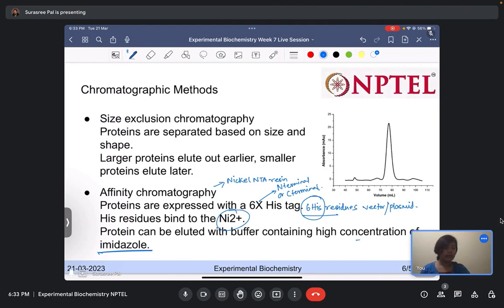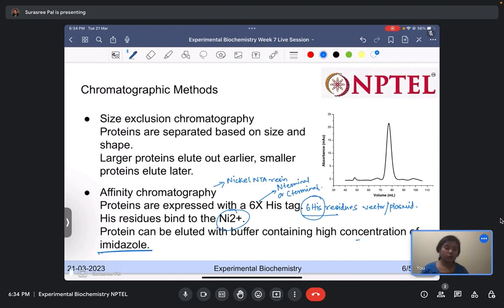And I had also mentioned while discussing chromatography that sometimes we use several chromatographic methods together, one after another. Why do we do that? We do that to increase the purity of the protein sample that we are purifying.